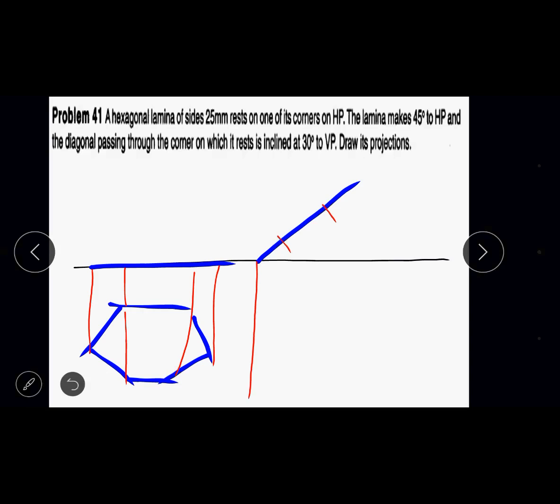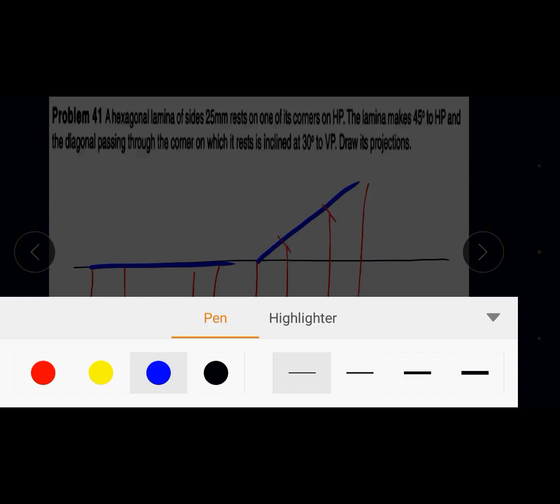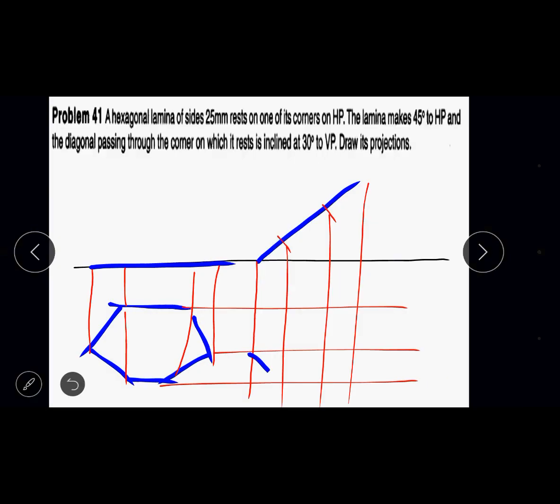Then draw the projection lines. You will get a total of 4 projection lines, and the projection line from here. With this you will get the irregular shape hexagon, like this.